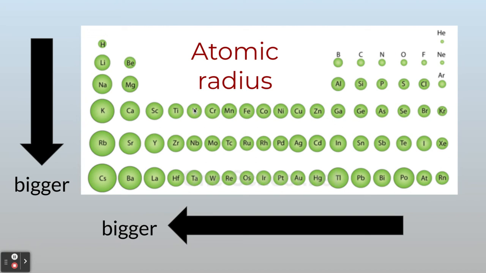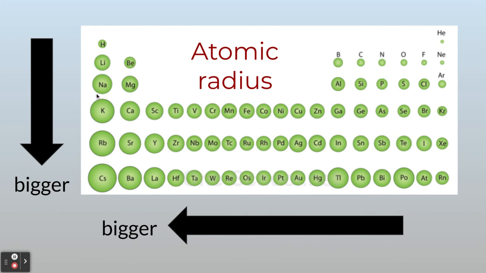And you'll see this is a version of the periodic table that shows you how big atoms of the different elements are. So you can see the atoms towards the top here are really small compared to the ones at the bottom. And atoms that are on the right side of the periodic table are a little bit smaller than atoms on the left side.